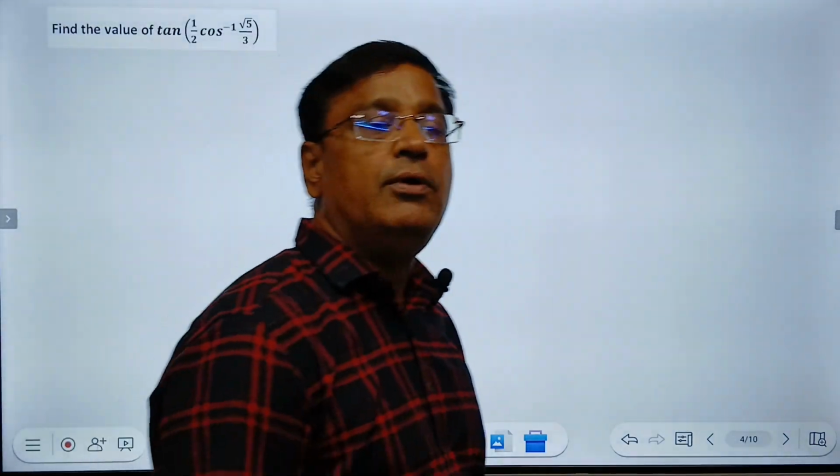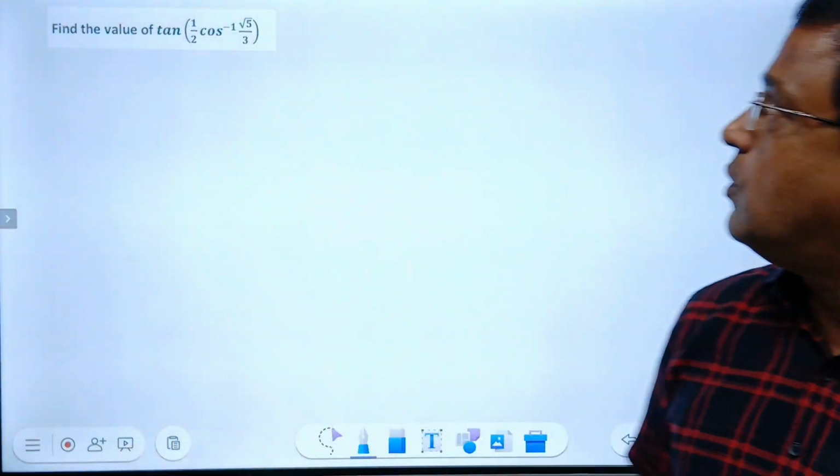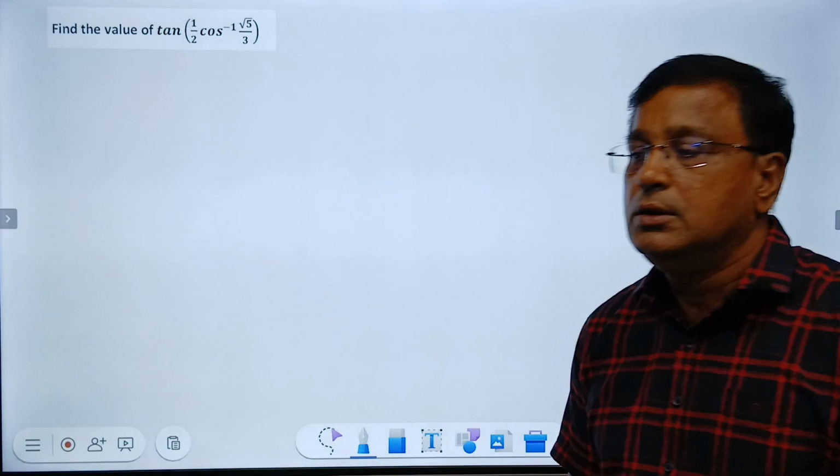Find the value of tan of 1 by 2 into cos inverse of root 5 by 3. Now, how do I solve this? Very, very simple.